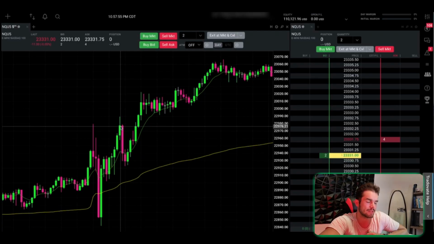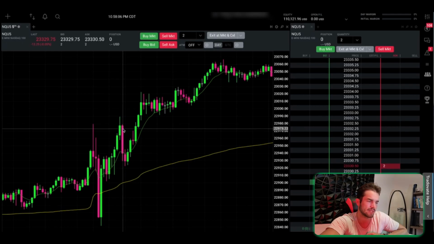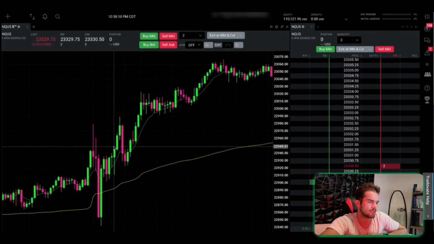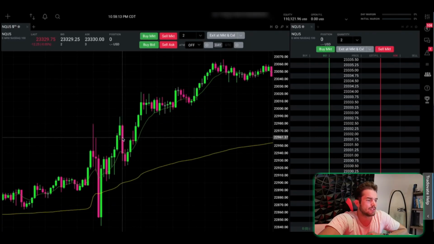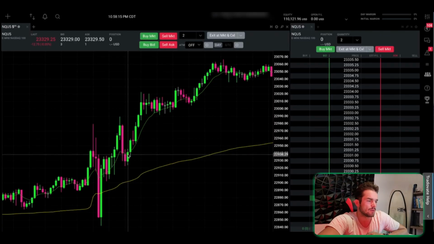I did take some profits. I think I was in 3 contracts, and then when it started to sell off, I scaled out to just 1, and then I re-entered as I saw confirmation here that it broke above the 9 EMA again. And then I rode it up another 15, 20 points for it to get closed out.